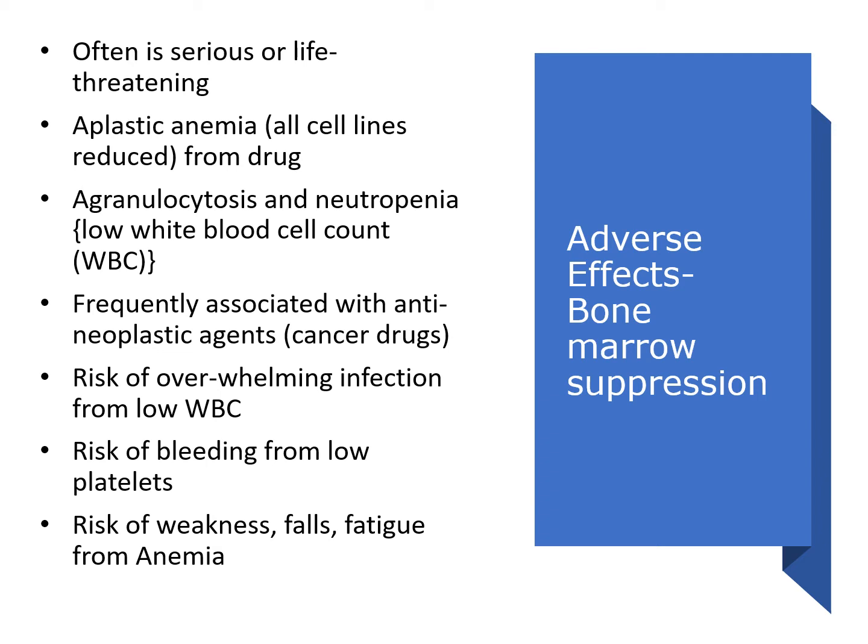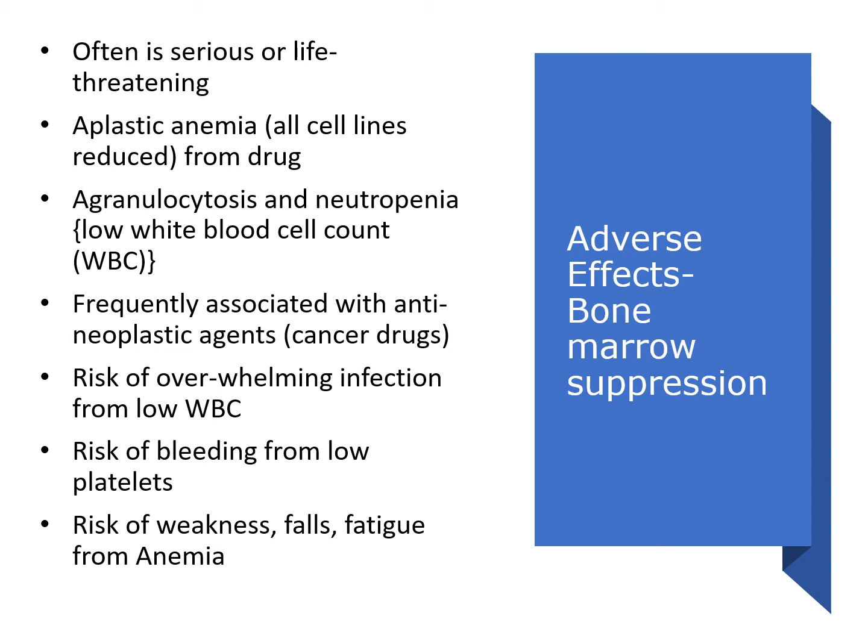And so let's go on to the next topic here, aplastic anemia. So this basically means that all cell lines in the bone marrow have been knocked down, have been reduced because of the drug. So when we think of cell lines in the bone marrow, we think of the white blood cells, the red blood cells, and the platelets. Those are your 3 cell lines.